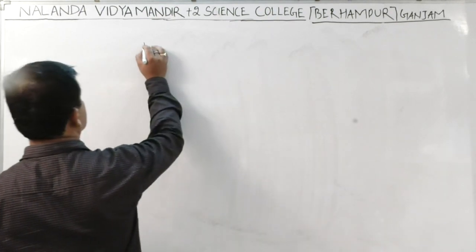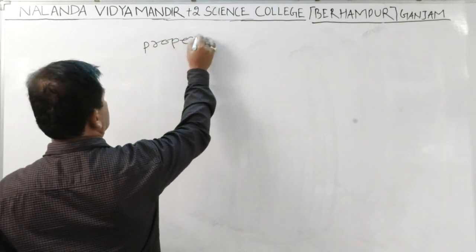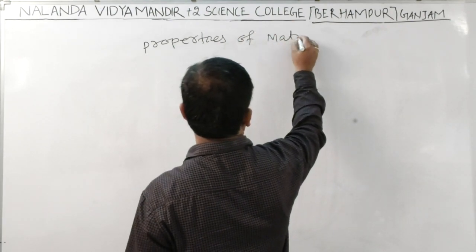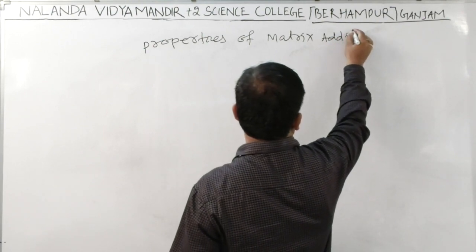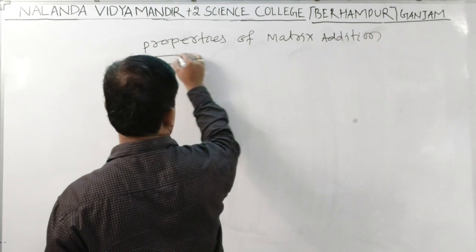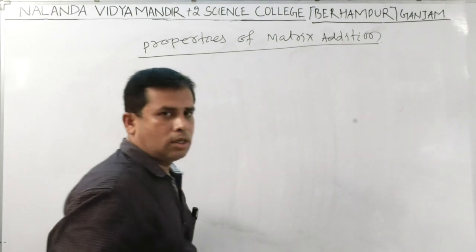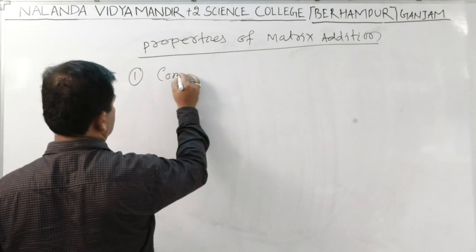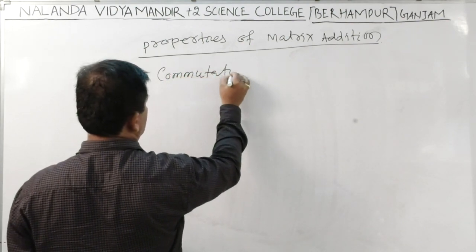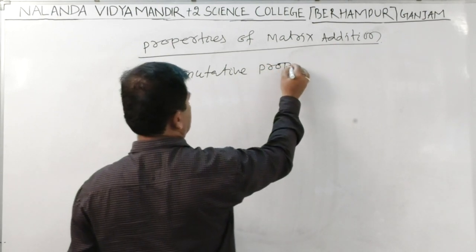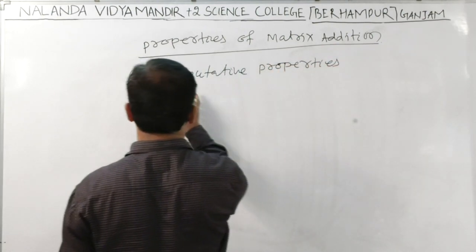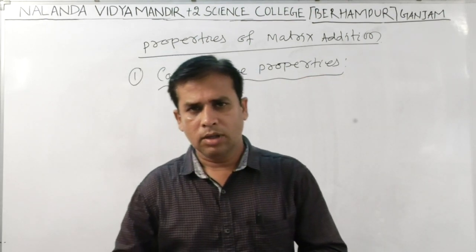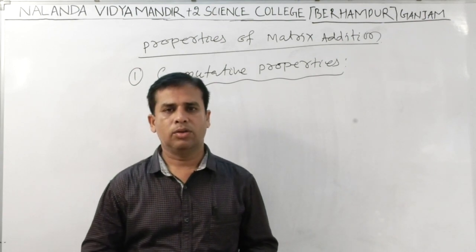Now the properties of matrix addition. The first property is the commutative property. What is the commutative property?